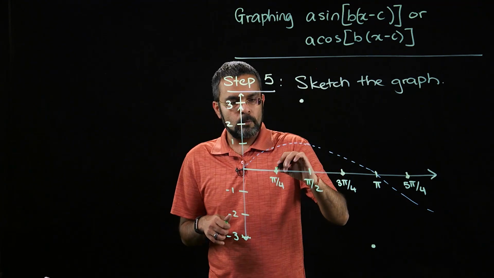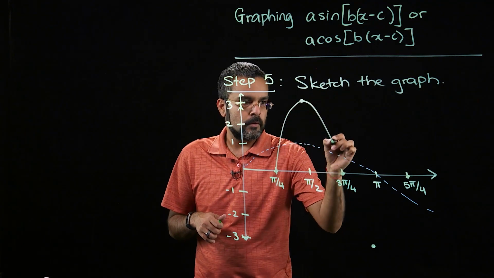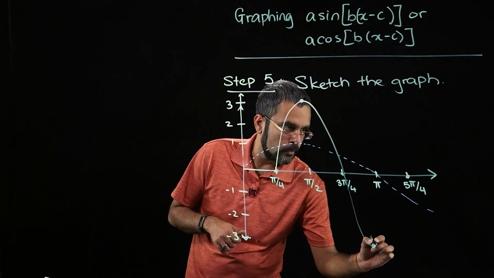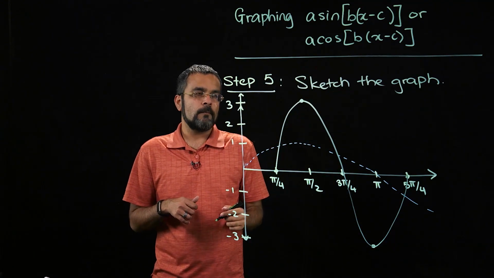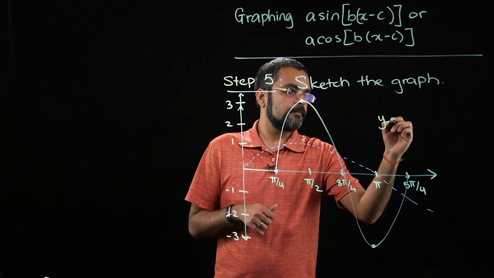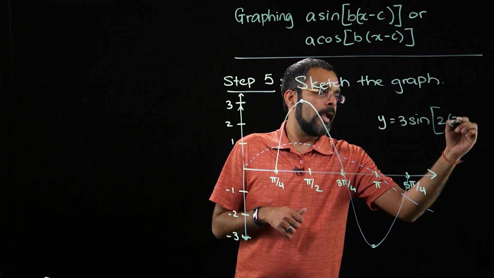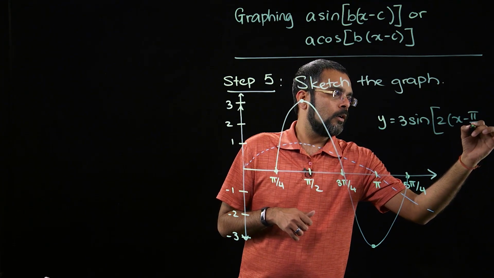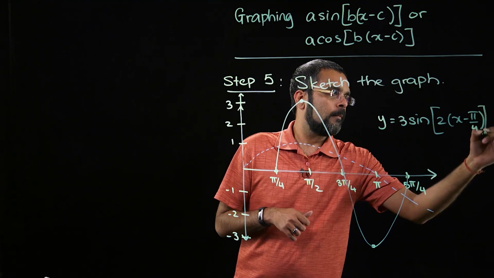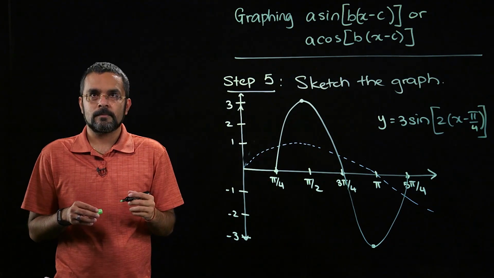So in this case, my one cycle is going to look like that. Okay, so that's one cycle of my function y equals 3 sine of 2x minus pi over 4.